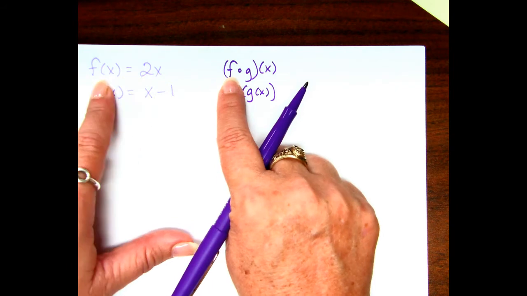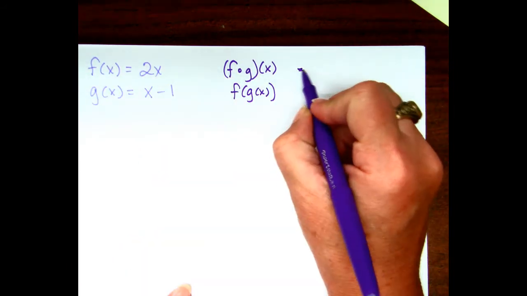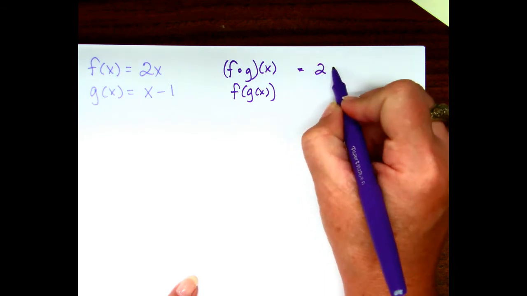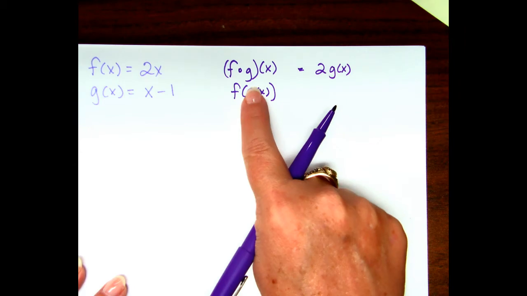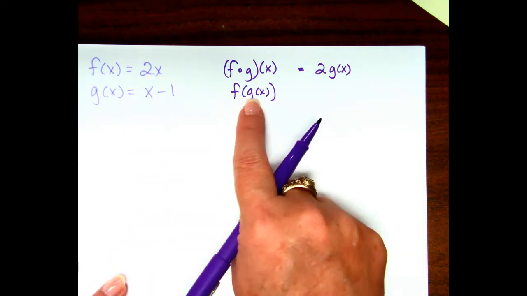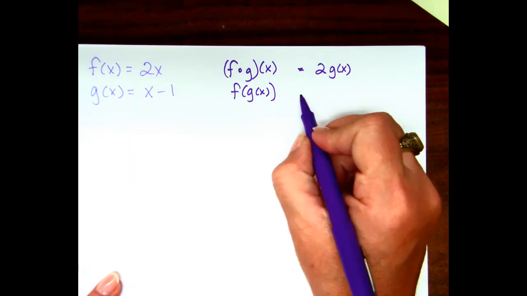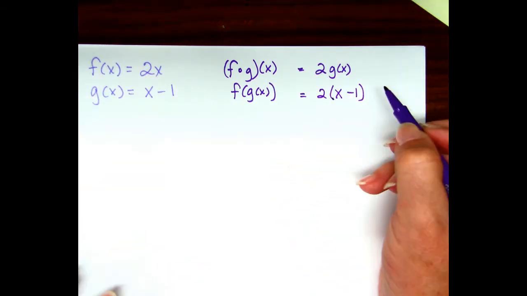We start with f. We start with 2x, but instead of writing a 2x, I write g of x. See how this used to say x and now it says g of x? So anywhere there was an x, I put in g of x. The only difference is I know g of x, which is x minus 1.